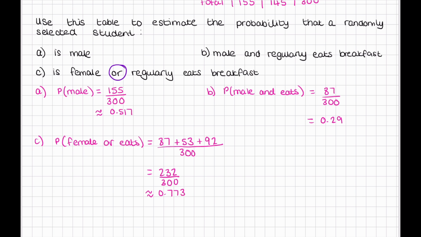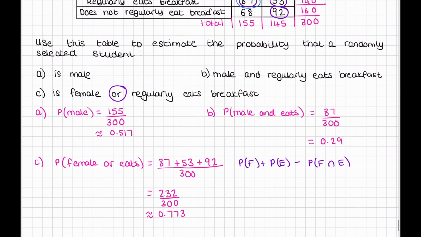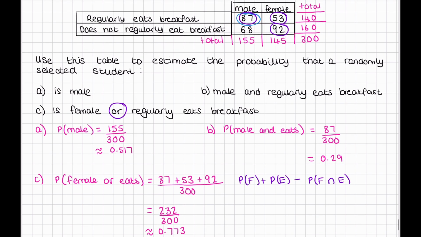Now with this one, as it's an or, we could have used our addition law for probability. So we could have done the probability of female plus the probability that it eats breakfast regularly minus the probability that it's female and eats breakfast regularly. Probability of female, if we look back at the table, is 145 out of 300.